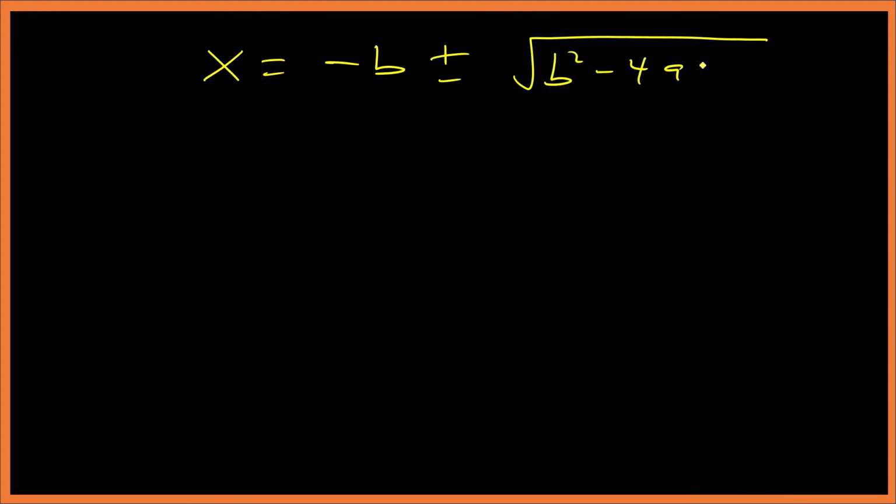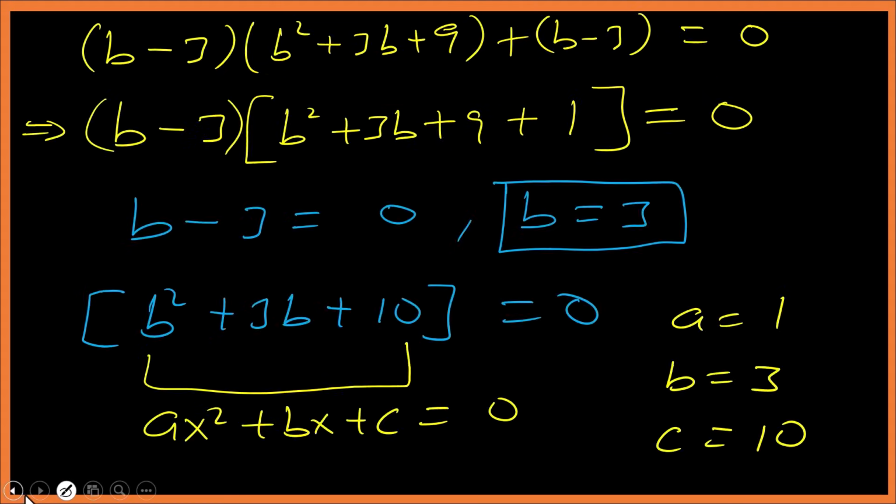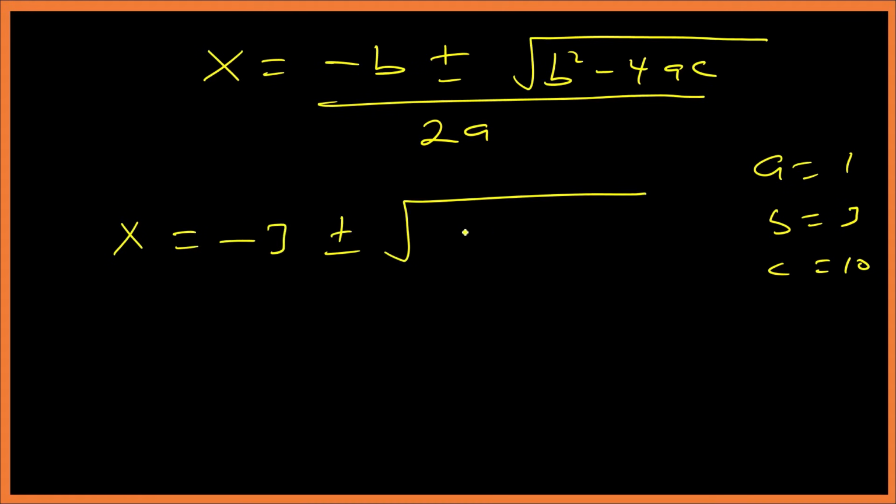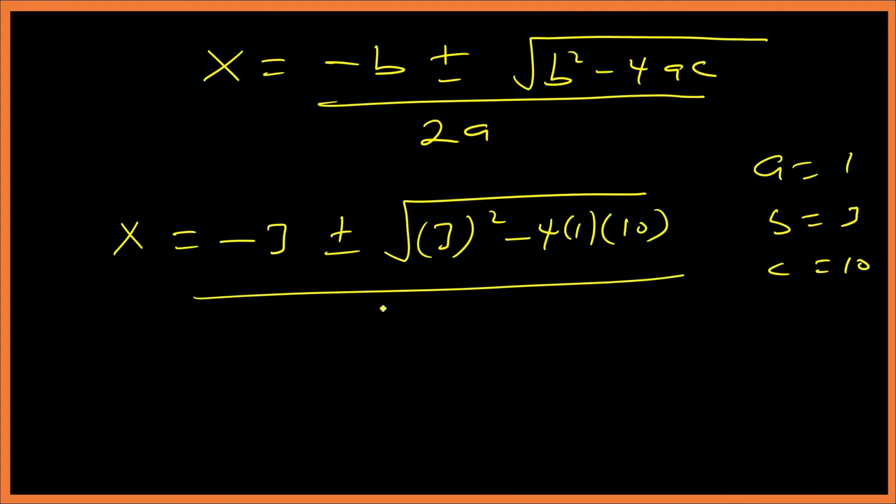Now we are using x equals minus b plus or minus the square root of b squared minus 4ac, all over 2a. So let's do the substitution. x equals minus 3 plus or minus the square root of 3 squared minus 4 times 1 times 10, on 2 times 1.